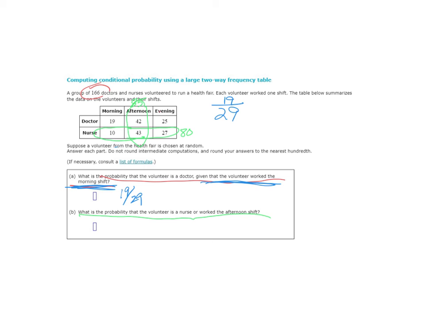But these people got counted twice. So out of the 166, how many have I circled here that are in green? It's these three right here plus this 42 right here. So if I take all these numbers right here and add them together, that's going to give me 122. 122 out of the 166 would be either a nurse or in the afternoon shift. All right, play around with those, and if you need some help, let me know.